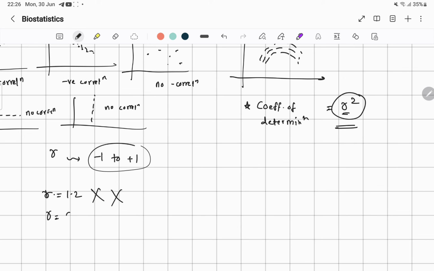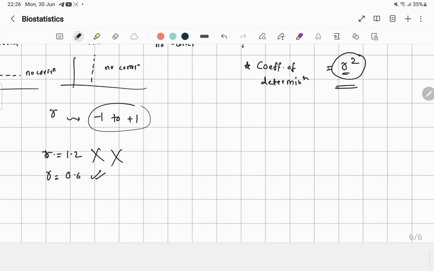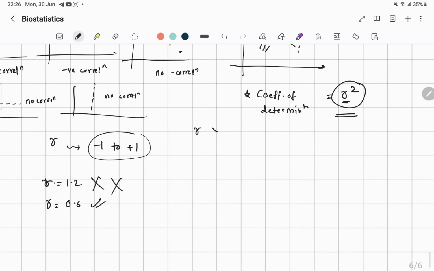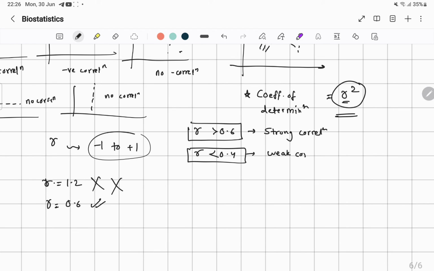No. R equal to 0.6, is it correct? Yes. When R is more than 0.6, we call it a strong correlation. When R is less than 0.4, we call it a weak correlation. Okay, so that was about the scatter plot.